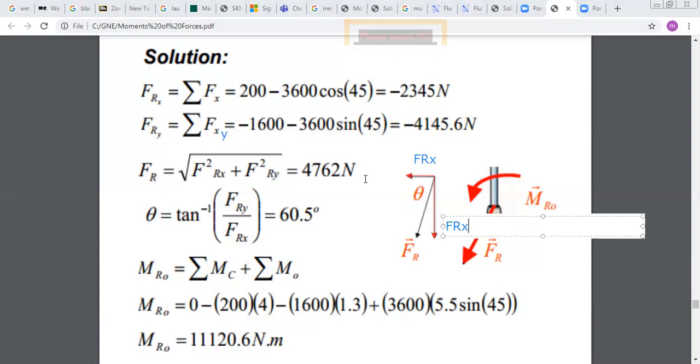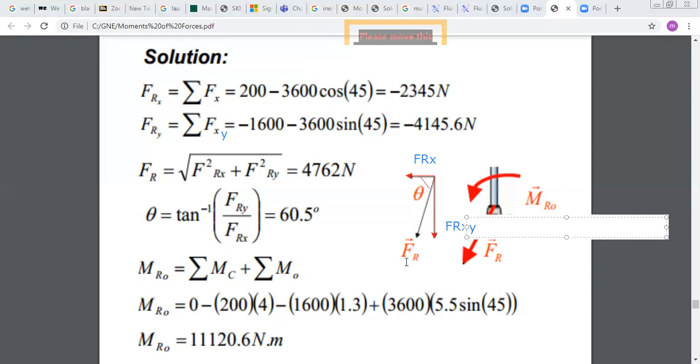And in order to know the direction, you can represent it by the angle theta. As we said here, both x and y are negative, so you are in the third quadrant. To find the direction, you can define this angle, which can be calculated from tangent minus 1 of Fry over Frx. So here, this is just Fry here.